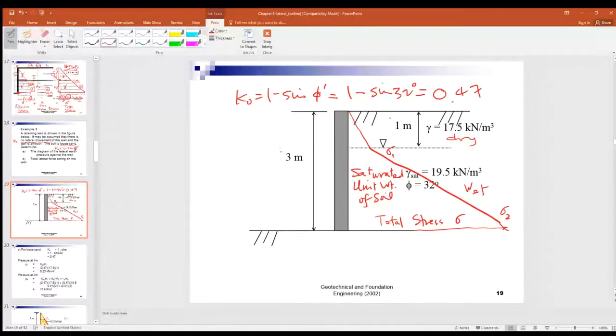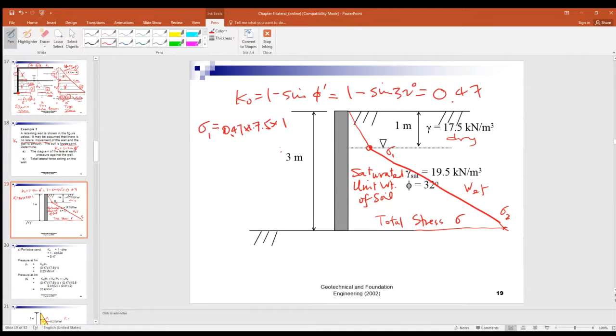Okay, then we can work out sigma 1. Sigma 1 equals what? What's the vertical stress there? 17.5 times 1. And what's the pressure coefficient? K naught, 0.47.